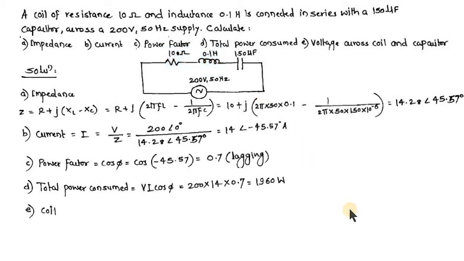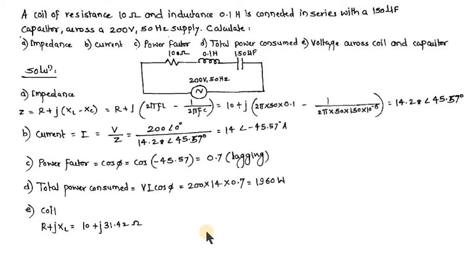Impedance of coil will be in the format R plus jXL, where R represents this 10 ohm and XL represents the inductive reactance offered by this inductor, which can be found out as 31.42. You can do this, I hope. XL is equal to 2 pi FL. This can be calculated on the calculator, and what you should get is 31.42.